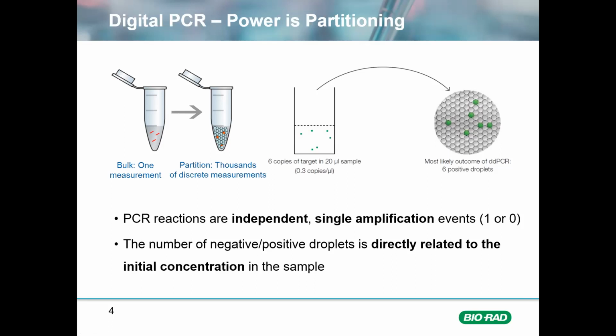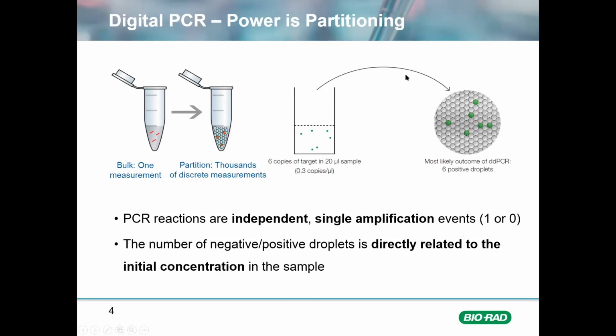Now, if it does not contain a molecule of interest, PCR is not going to occur. Therefore, we are not generating any fluorescence, and that is going to be a negative droplet that we're going to call a 0. So the data is effectively compressed down to 1s and 0s. And that is where that digital name in Droplet Digital PCR comes from.